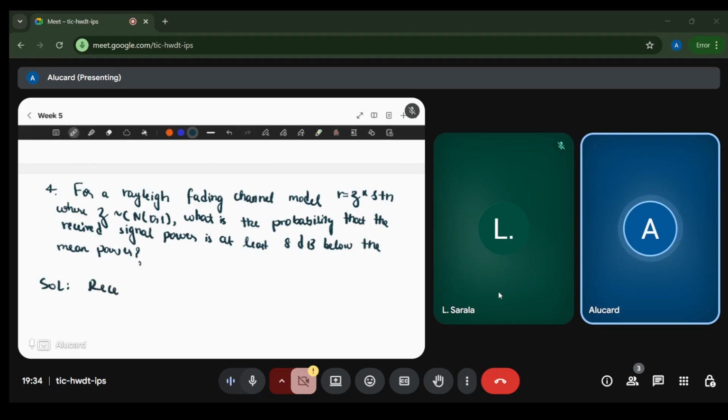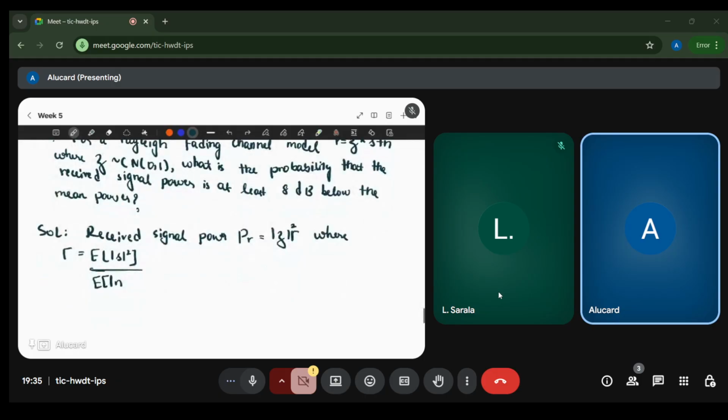So received signal power PR is mod z square gamma, where gamma is E of mod s square by E of mod n square, is the mean received signal power.